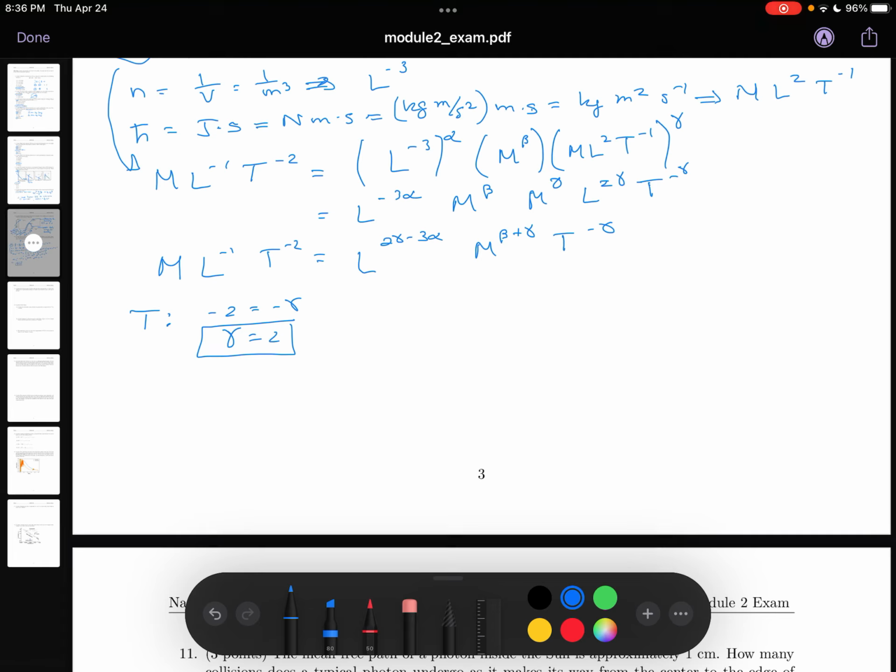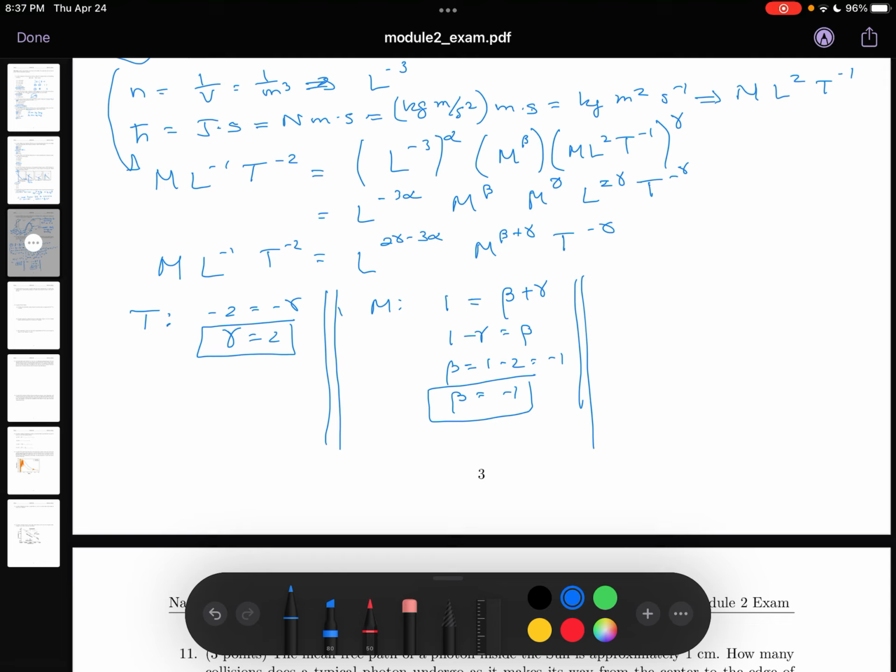Okay, and then let's look at the mass equation. On my left side, the power of my exponent is 1, and on my right side, it's beta plus gamma. So I know from the time equation that gamma equals 2, so 1 minus gamma equals beta, and beta equals 1 minus 2 equals -1.